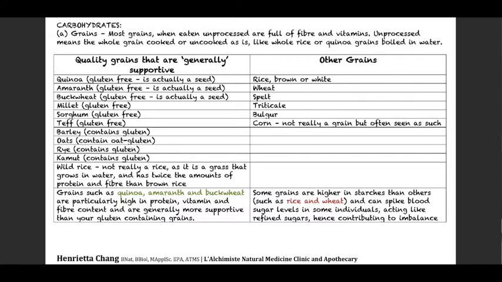The remainder of the grains on that side is the barley, oats, rye, and kamut. You tend not to eat them so much in terms of the grains themselves, but keep in mind that all of these do contain gluten. So if you're aiming to go gluten free, then these are grains you'd want to be avoiding. Note that oats also contains gluten.